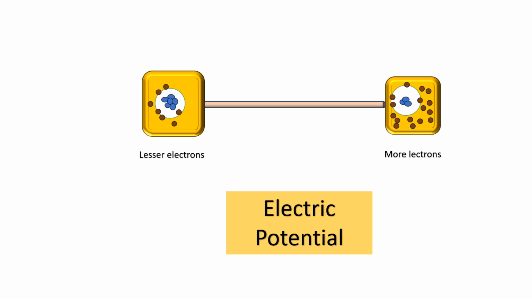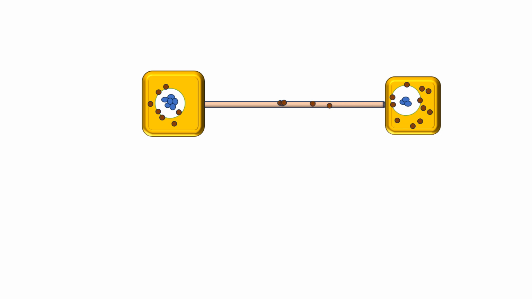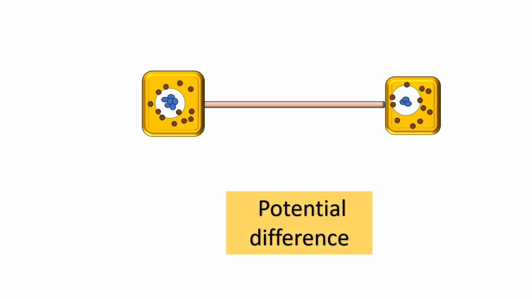Just like gravitational potential energy, this is called electric potential. And through the conductor, the electrons tend to move from the metal plate with a larger number of electrons to the metal plate with a smaller number of electrons. So there's a difference between the two potentials, and that is called potential difference.